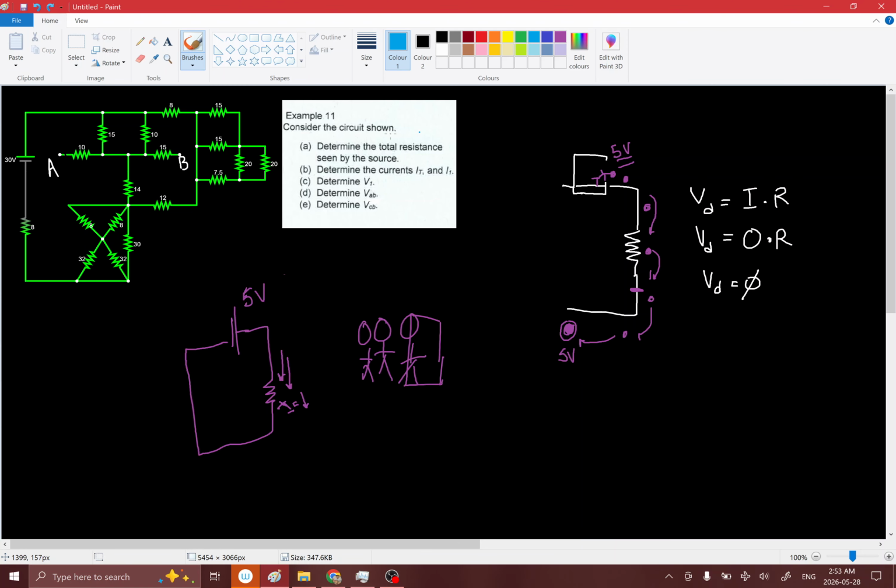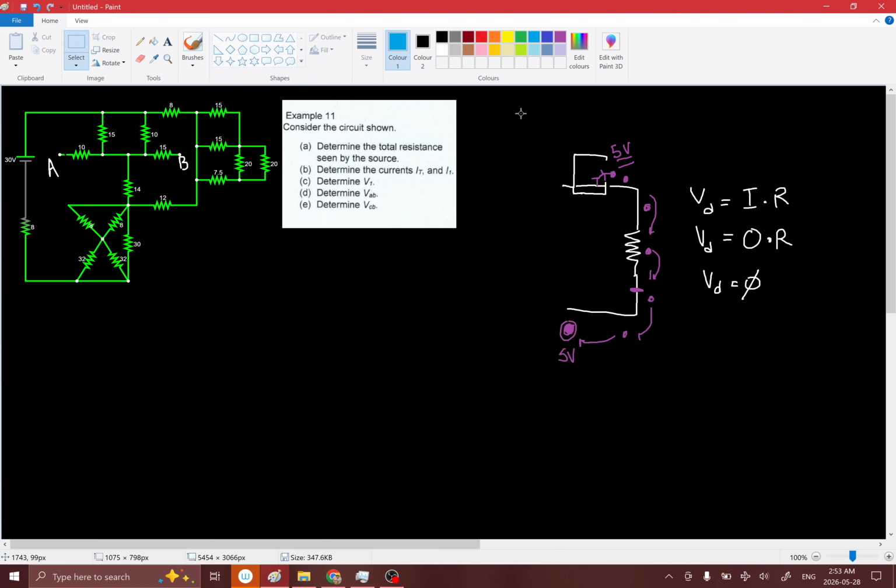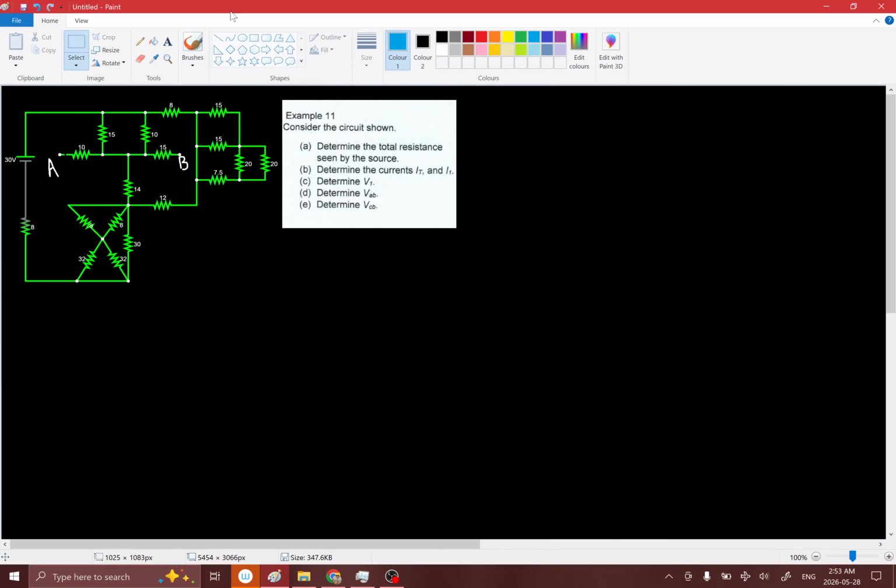Okay, so let's imagine that we have a circuit that looks like this. If I visualize in my head, there's hot water coming out of the battery over here.